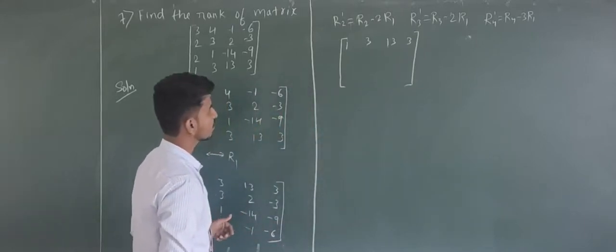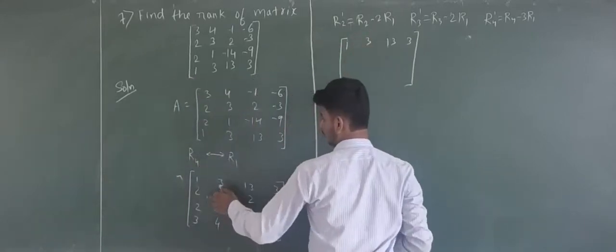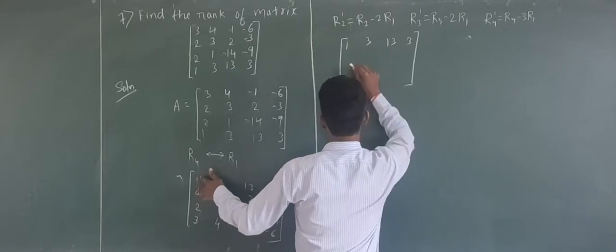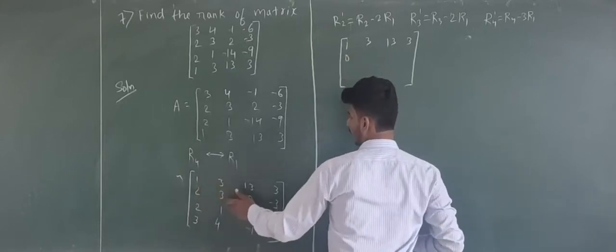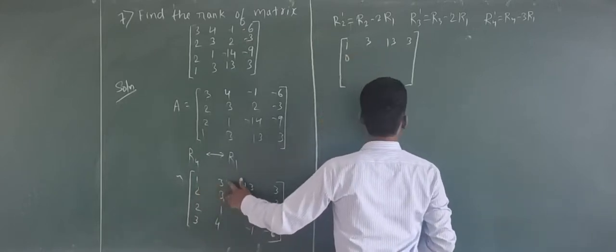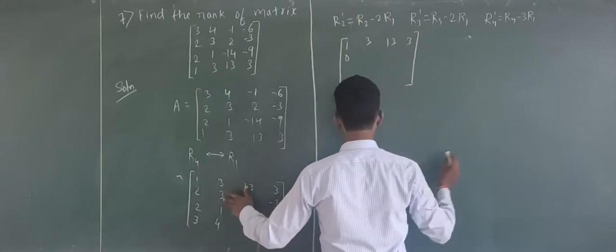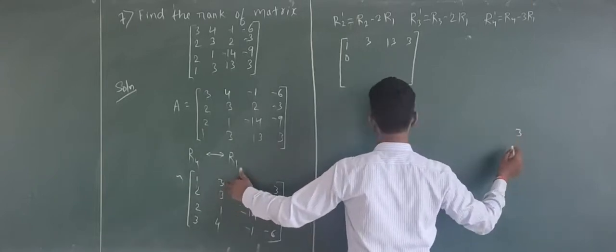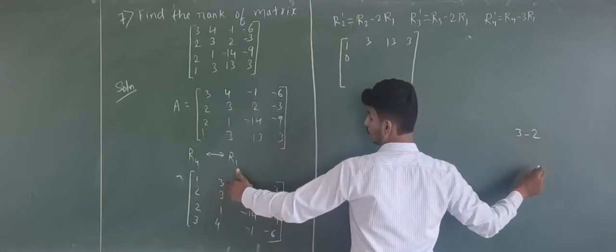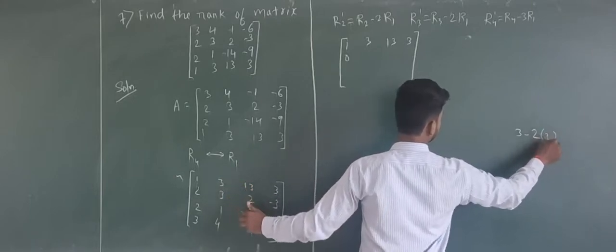We are changing the second row, that is R2 minus 2R1. 2 minus 2 is 0. Next, 3 minus 2 times 3, which is 6, 3 minus 6 is -3.